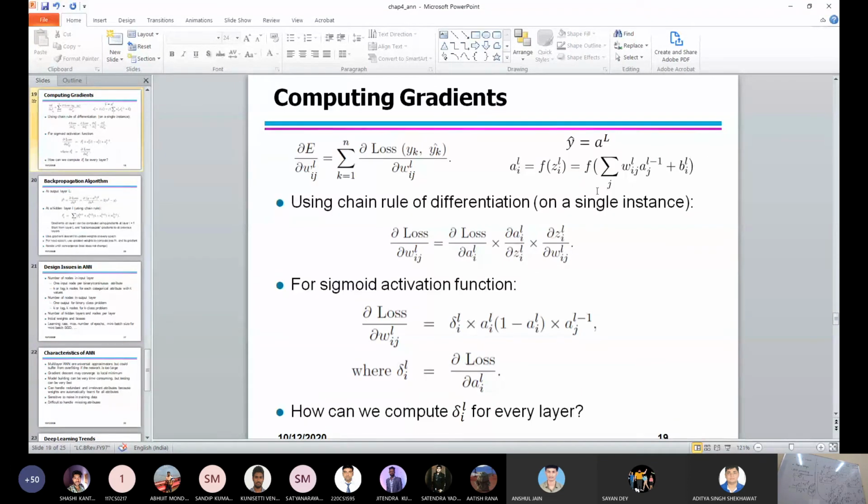Now what we have to do is compute, for a single instance, delta loss by delta Wij. If you do this, the summation and all other terms will be constant and will not change anything, so you can use the chain rule. Here I will use the blackboard.